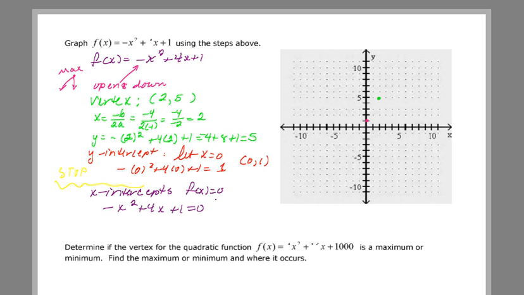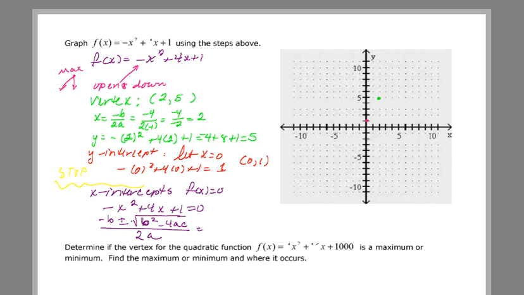Remember, that's always your safety net. If you have a quadratic that doesn't factor, you have to use the quadratic formula. So let's recall that: negative b plus or minus the square root of b squared minus 4ac, all divided by 2a. That's what we'll have to use to find the x-intercepts.